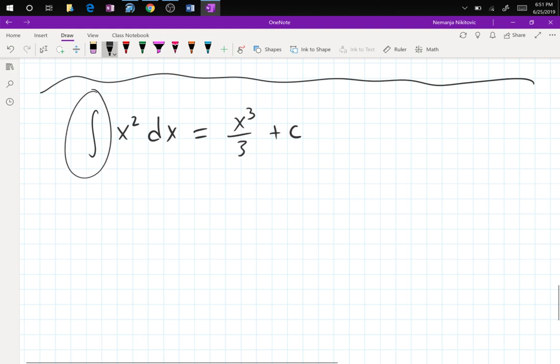So the integral sign and dx are operators which tell you to change x squared into this. You can think of it as using them up to change the function x squared into x cubed over 3. Those are operators, just like when you are differentiating, the differential operator goes away when you are done.